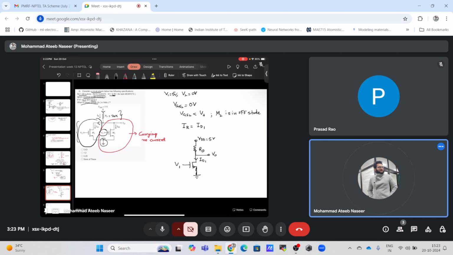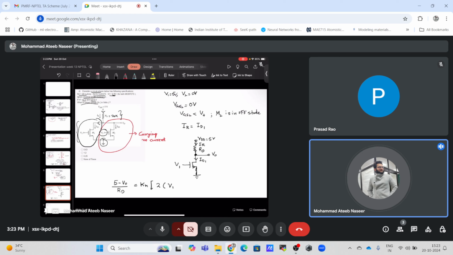If we use the KCL at this node, it is 5 minus V0 by RD. This is the current IR that we were speaking of, and it is simply equal to Kn times 2 times (VGS minus VT) times VDS.